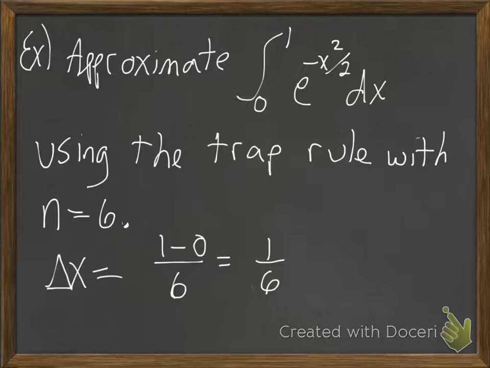Okay, and then that'll lead us to our partition values of 0, 1/6, 1/3, 1/2, 2/3, 5 over 6, and 1. So we then just want to set up our trapezoid now.